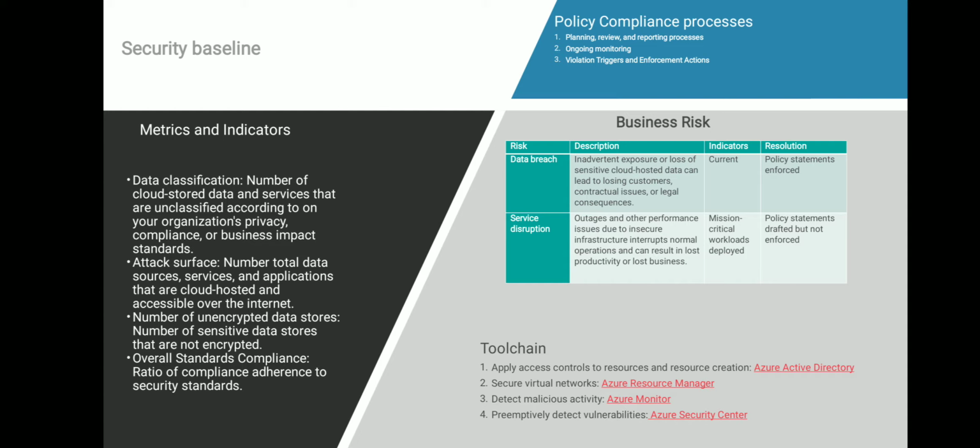Outages and other performance issues due to insecure infrastructure interrupt normal operations and can result in loss of productivity and loss of business. Performance issues, I have not seen much unless you have not done the right architecture.